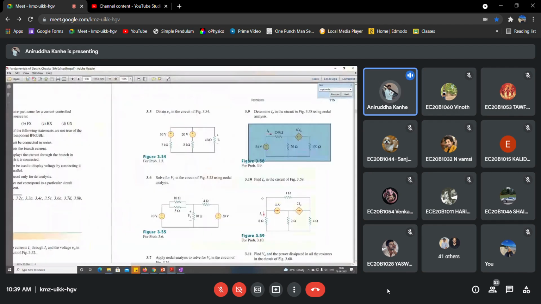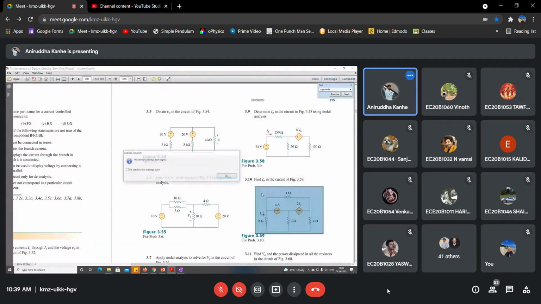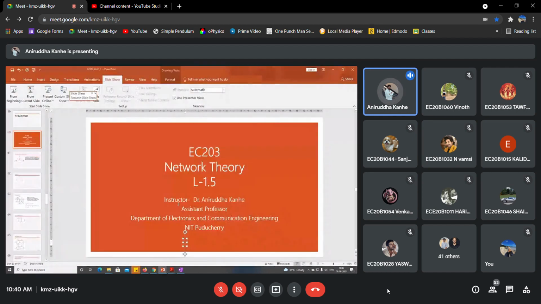We take another simple question. Let's say this. This is not a supernode case because both are current sources.